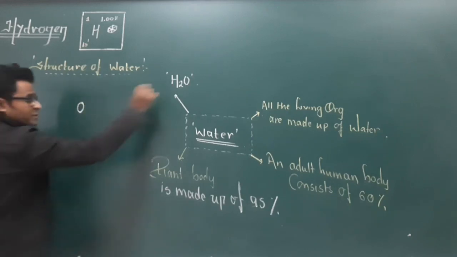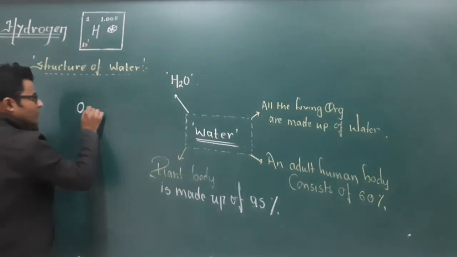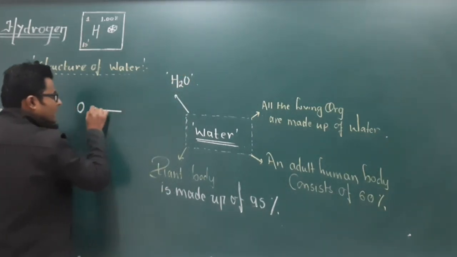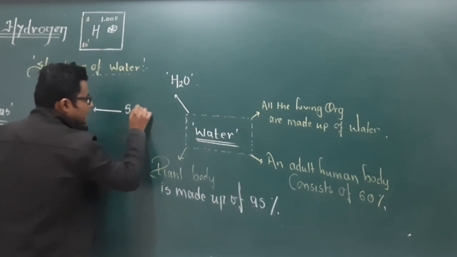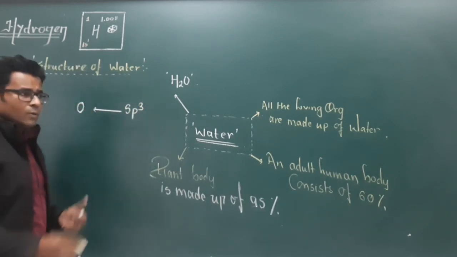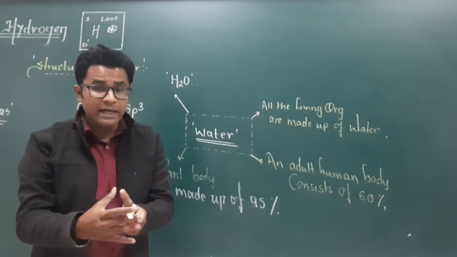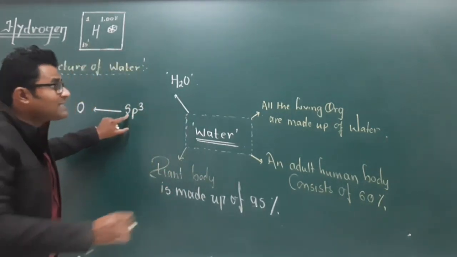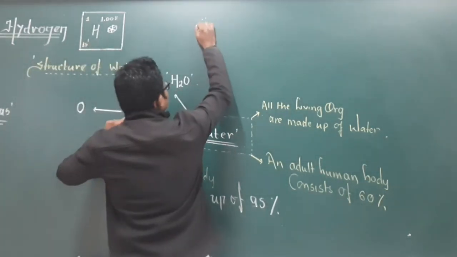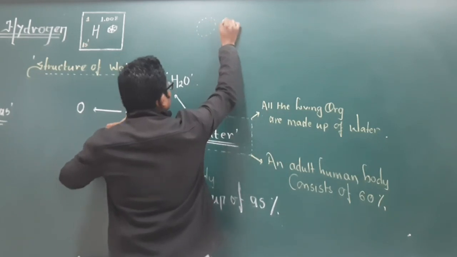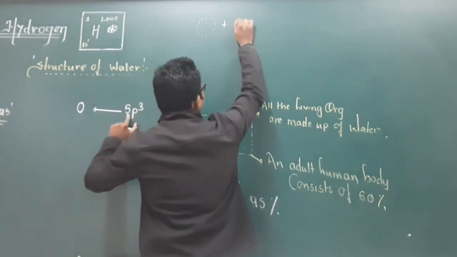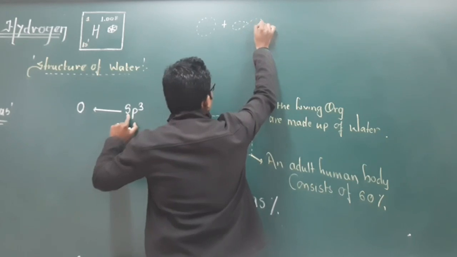Now this oxygen present in the water molecule is sp3 hybridized. What sp3 hybridized means is that it has an s orbital. Let's say it has an s orbital. This s orbital combines with px.